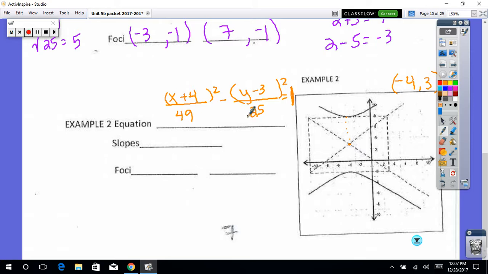Ooh, and look what I did. That's one thing that y'all did not call me out on. It is a y hyperbola, so who gets to go first? The y gets to go first. That was a big old oops. Let's flip-flop those fellas.